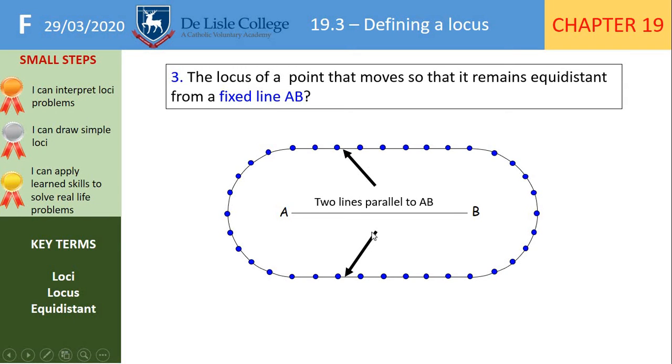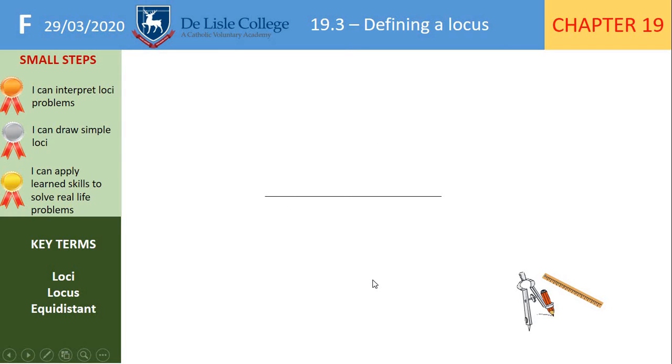So we end up with two lines which are parallel to AB, and then two semicircular ends which have the same radius as each other.